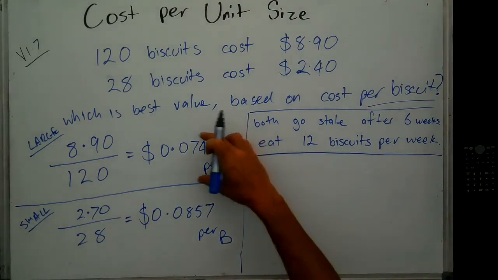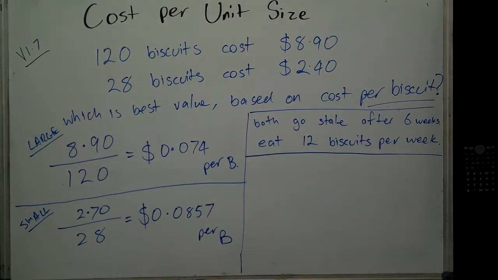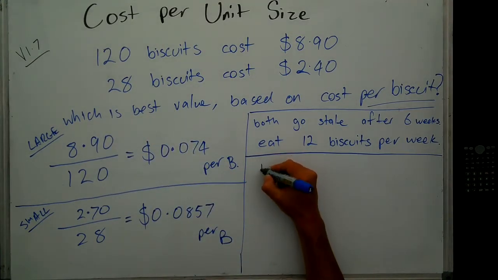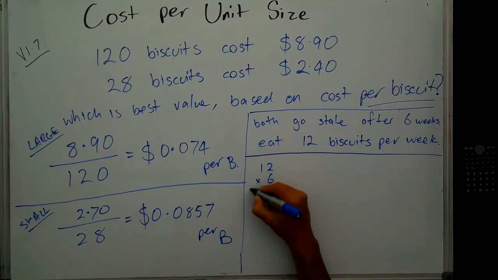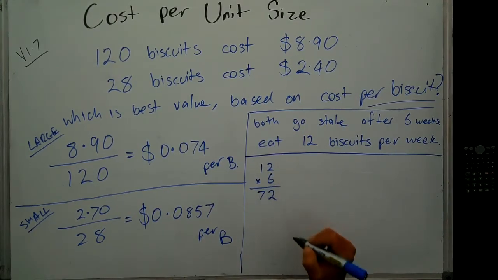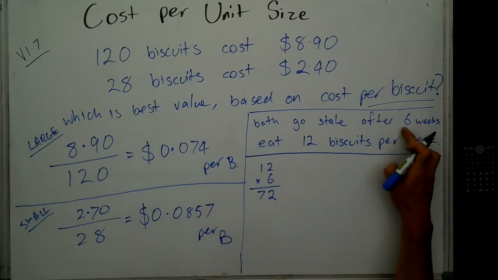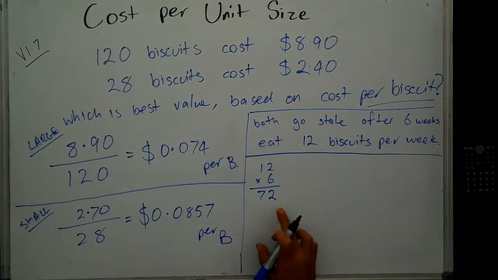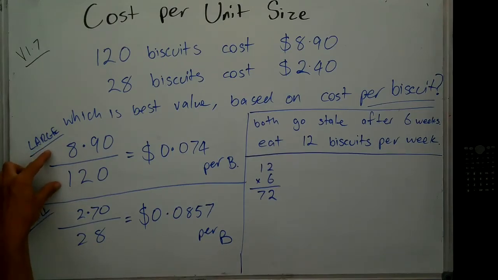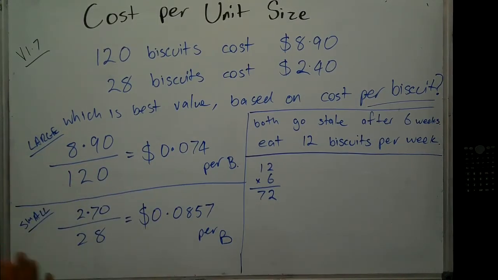So if we look at the large packet, first of all, I'm just going to quickly go 12 times 6, that is 72. So in 6 weeks, I'm only going to eat 72 biscuits. So if I buy the large packet with 120 biscuits in, there's going to be 48 biscuits that go stale, which I'm going to have to throw away.